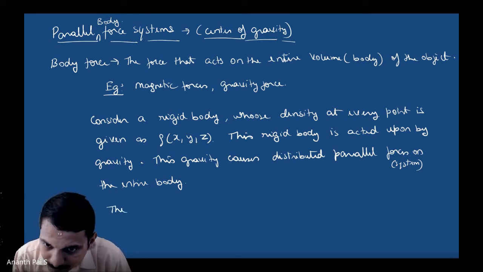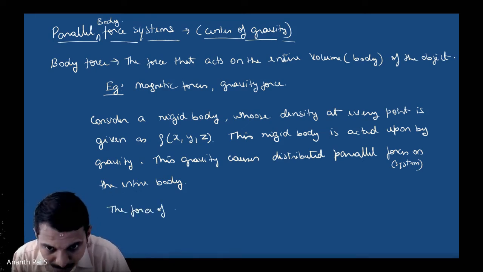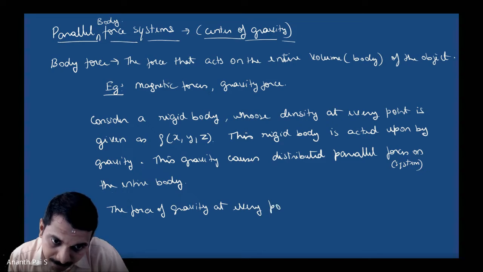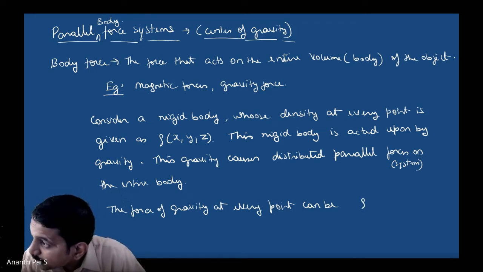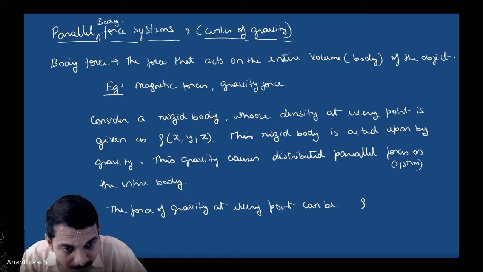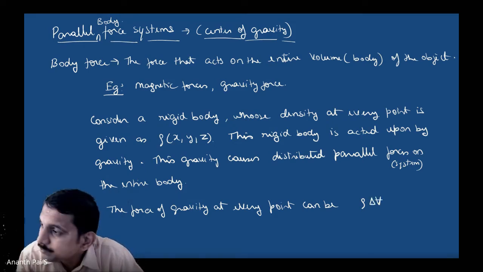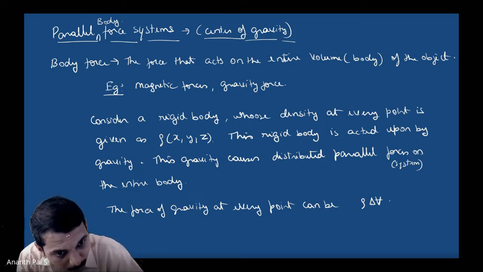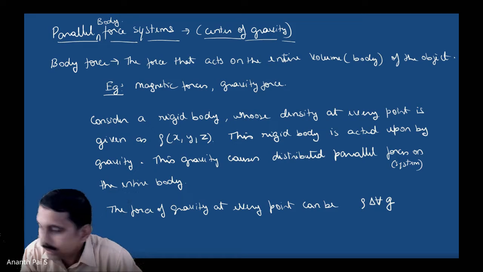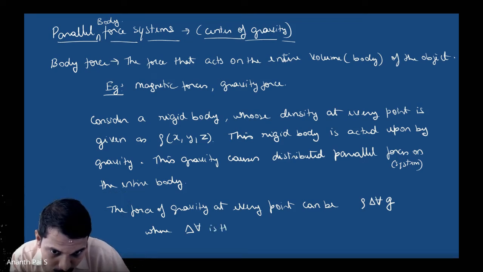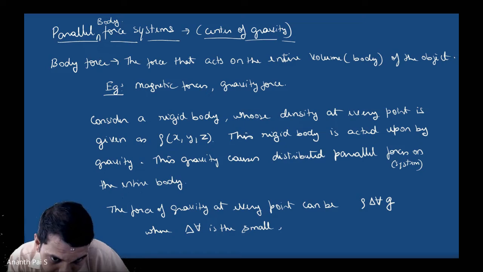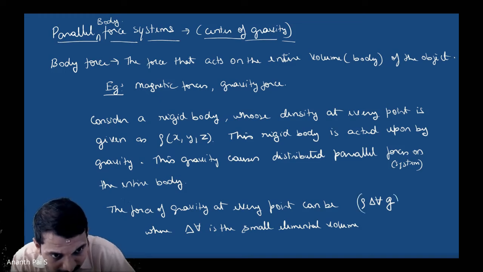So the force of gravity at every point can be density, which is a function of x, y, z, into delta V, the small volume, into g, correct, where delta V is the small elemental volume, and the direction we can say k.